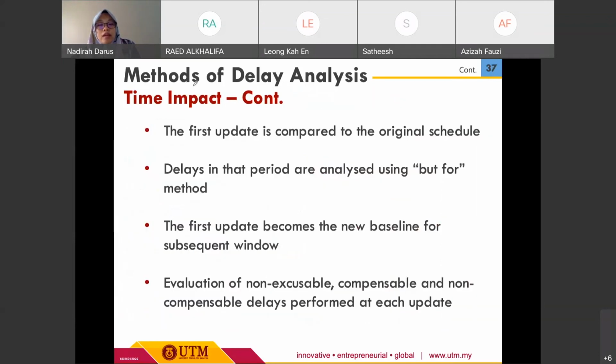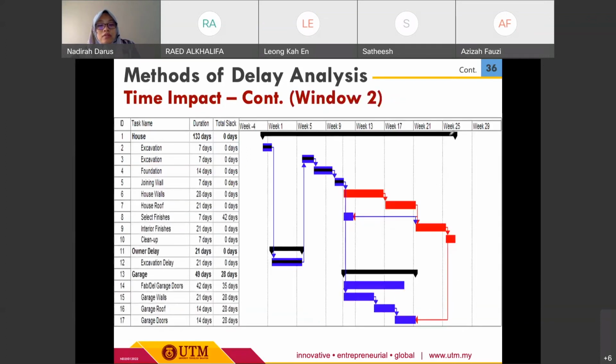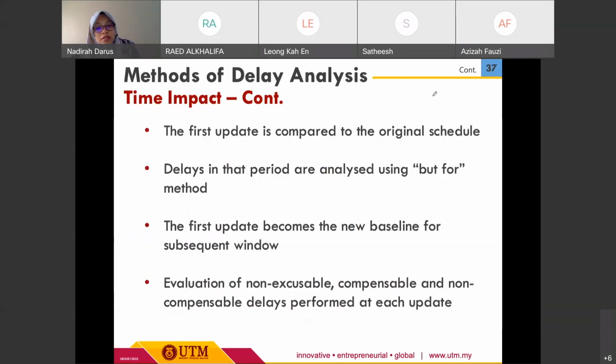using this time impact. Okay. So the first update is to compare with the original schedule. Delay in that period is analyzed using bar format, okay, as previously mentioned. And the first update based on the original will be the new baseline for the subsequent one.